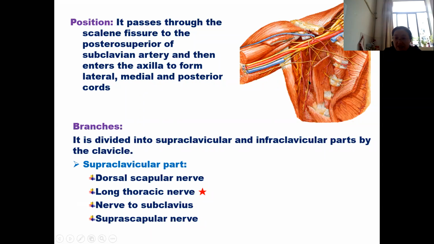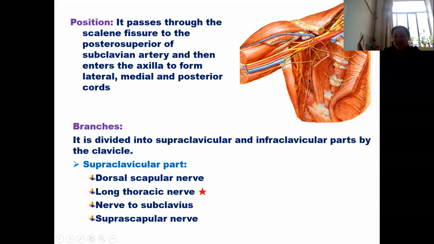This one travels along the anterior or superficial surface of the serratus anterior muscle. This is the long thoracic nerve. I mark it with a star. You need to pay attention to this nerve, because if there is any cancer within the mammary gland, sometimes we need to clean the lymph nodes within this region and easily damage this nerve.